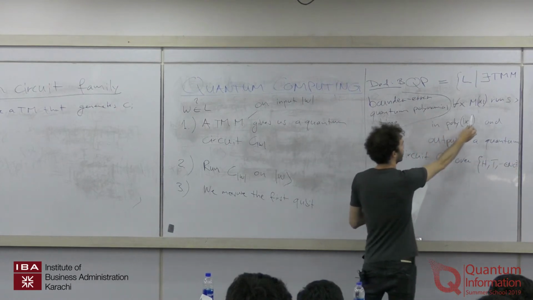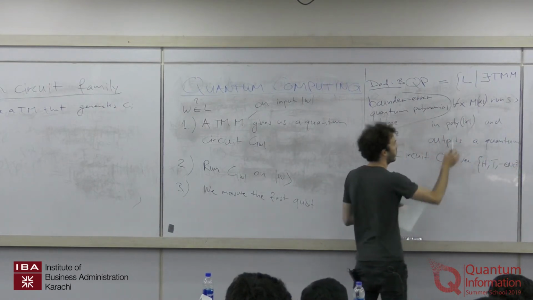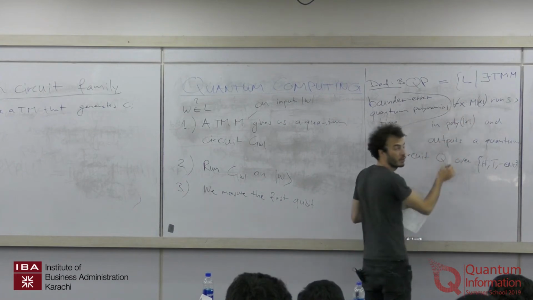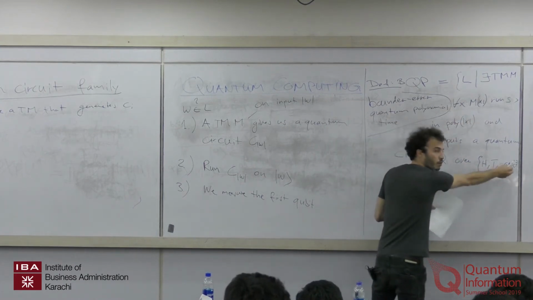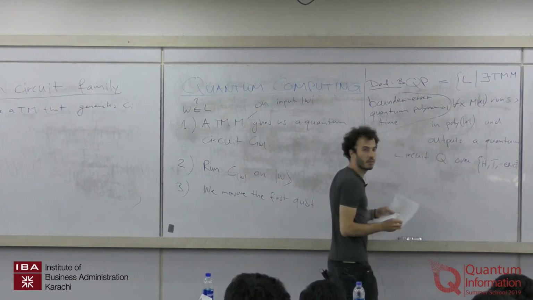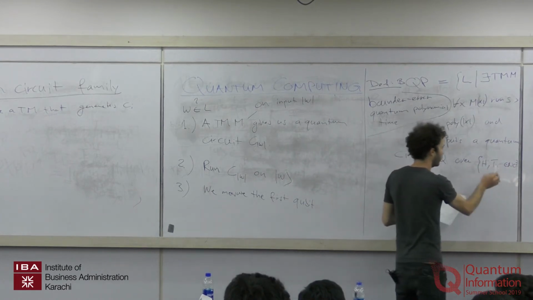So this Turing machine takes the length of a word as input and outputs a quantum circuit that is composed out of these gates: Hadamard, T and C-not.